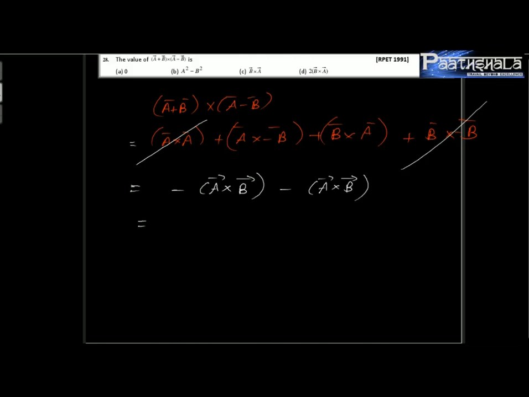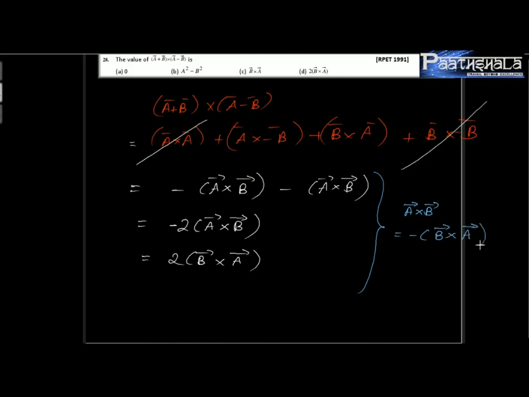So both these equal to minus 2 times A cross B. So minus 2 times A cross B is the answer, but none of the options match, so we have to convert it into 2 times B cross A, because that is one of the options. I'm simply using here the fact that A cross B is equal to minus of B cross A. Simple.